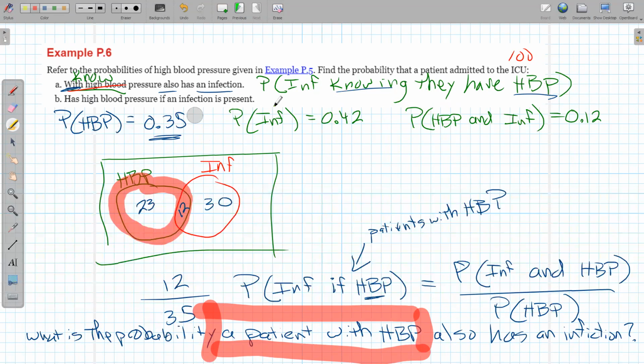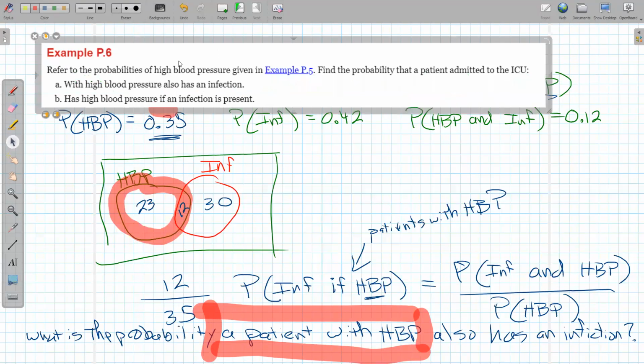All right, part B: find the probability that a patient admitted to ICU has high blood pressure if an infection is present. So here they're stating it a little bit differently, and they're pretty clear this time about the "if." So for part B, get this on your screen.